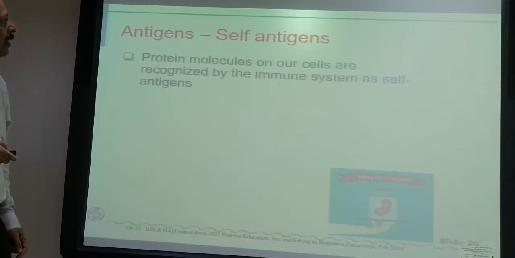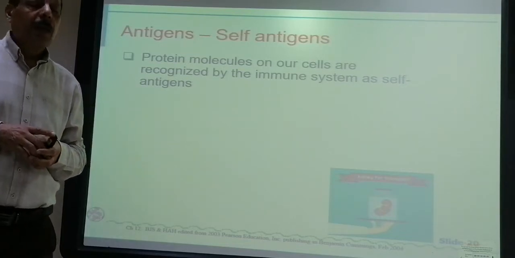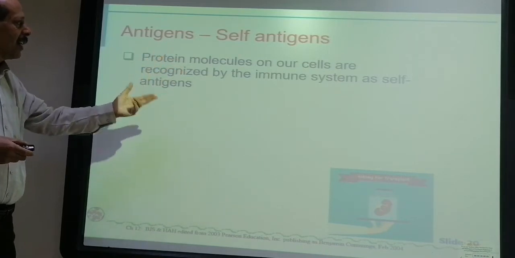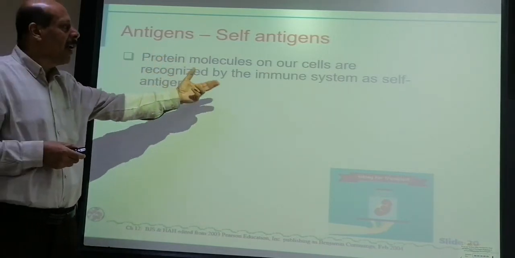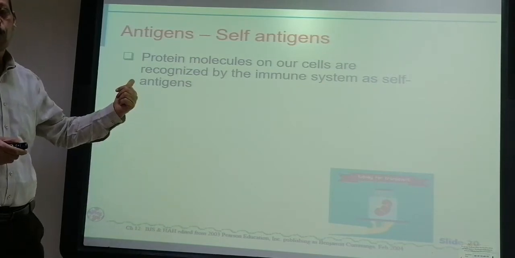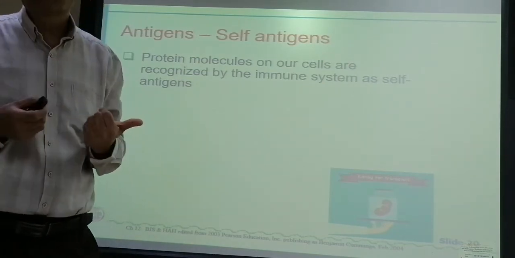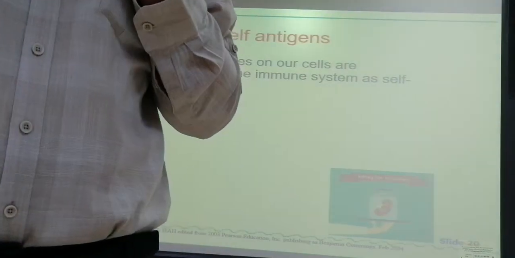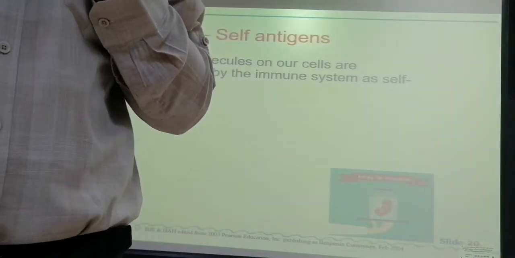There is also self-antigen. There are protein molecules in our cells that are recognized by the immune system as self-antigen. So the body will not react against them because they are from our own body.